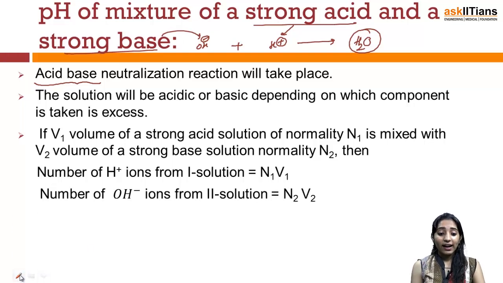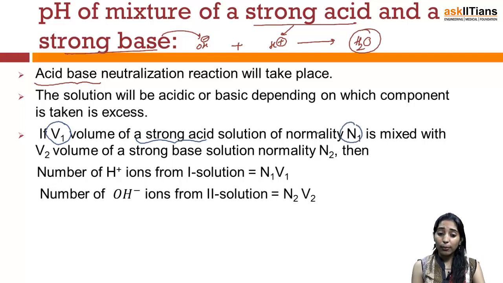Moreover, I can say that the solution will be either acidic or it will be basic, but it depends on which of the components is taken in excess. Now to prove this point, that any solution of a mixture of a strong acid and a strong base can either be acidic or basic in nature depending upon which component is taken in excess, let us consider volume V1 of a strong acid solution of normality N1.